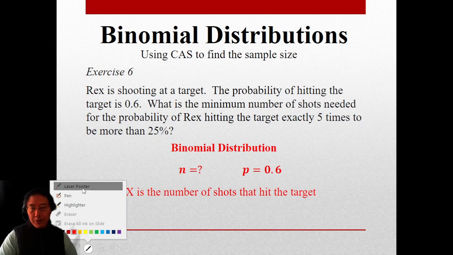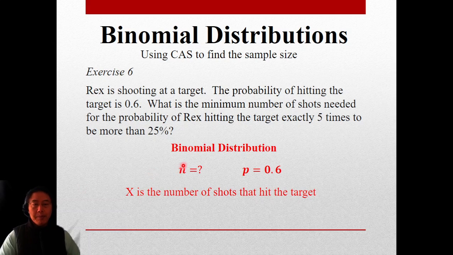And then your unknown is going to be the minimum number of shots, with a condition. The condition is to hit the target exactly 5 times. It means that x, the number of shots that hit, needs to be 5, and that probability needs to be more than 0.25.